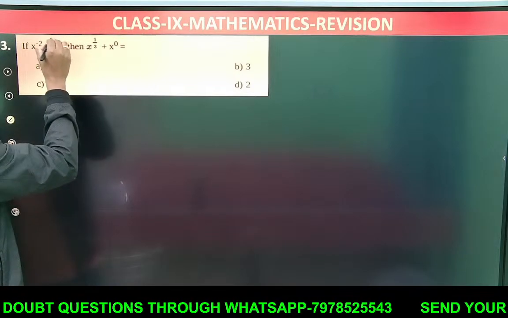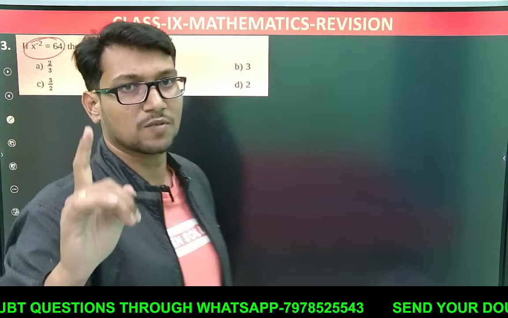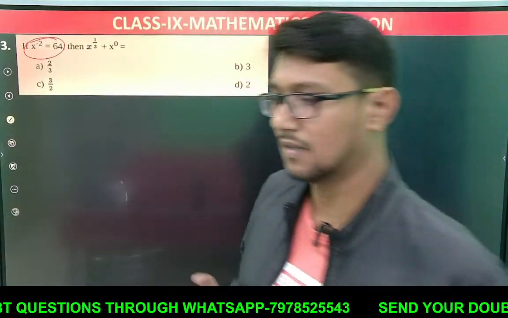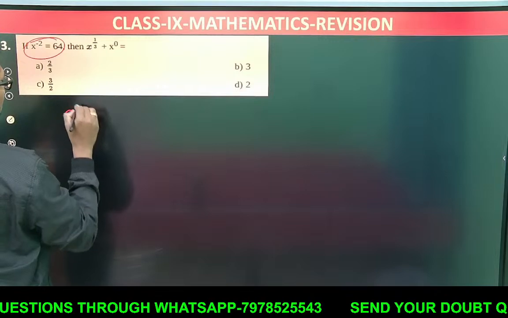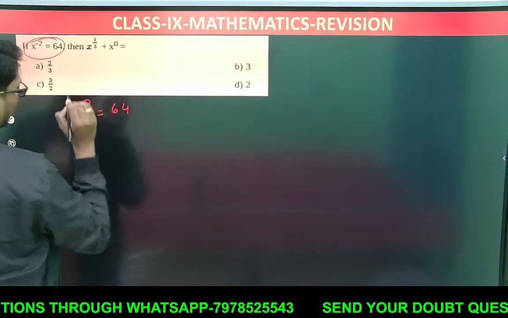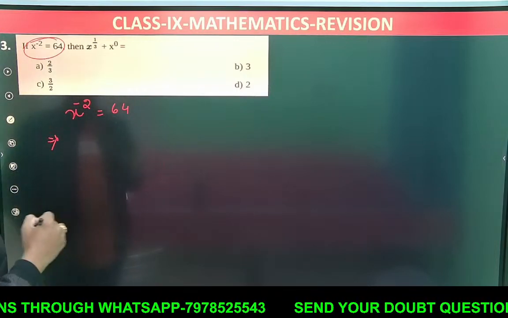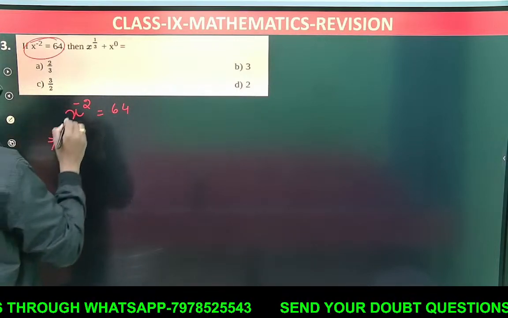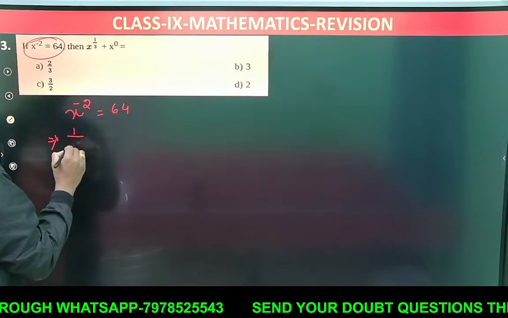So we will start from the given information. Whatever information is given here, from there only we will start. Now check karo. It is given x to the power minus 2 equals 64. If the power is negative, we know we can reciprocate to make the power positive.